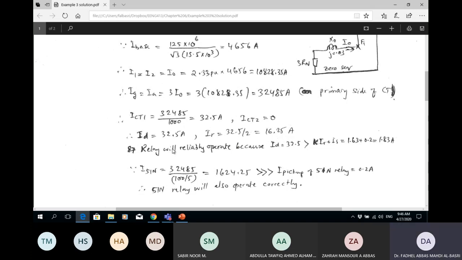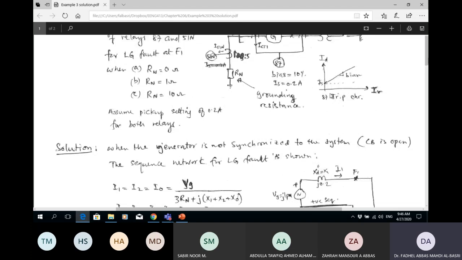restraint current. Now to check if the relay operates or not, is ID greater than KIR? So I use this characteristic. What is the trip condition?